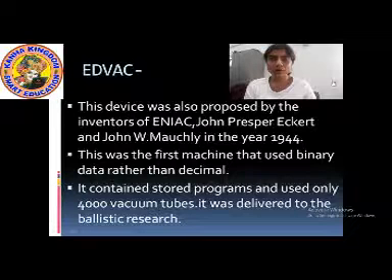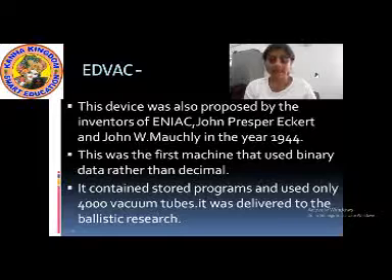So, in the first generation of computers, what did you learn about? Mark 1, EDSAC, UNIVAC and EDVAC. These were the computers of the first generation.